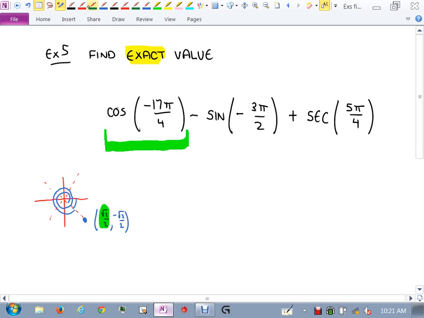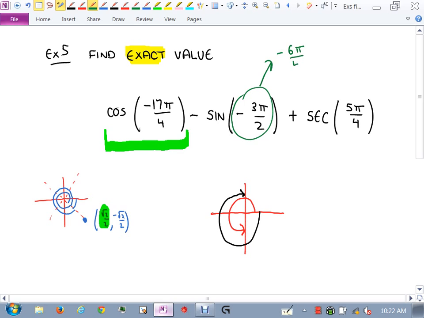Okay, what about negative 3 pi over 2? Well, what's positive 3 pi over 2? Positive 3 pi over 2 is here, isn't it? But you need to do that same rotation backwards. So if you do that same rotation backwards, it takes you there. Now you could, if you wanted to, though I wouldn't advise this, I would advise doing it the way I just showed you, convert that to negative 6 pi over 4.